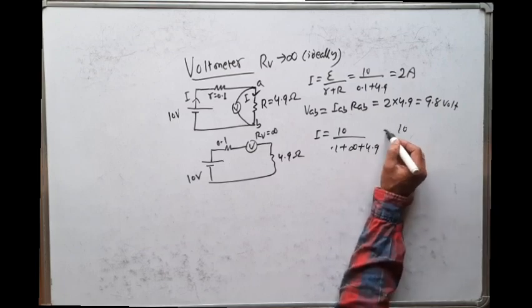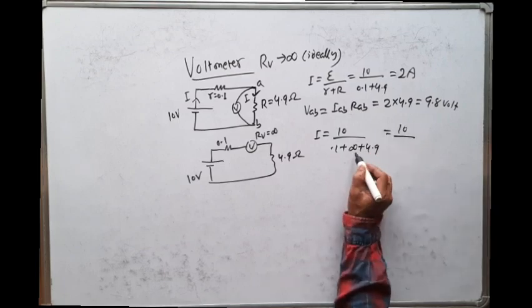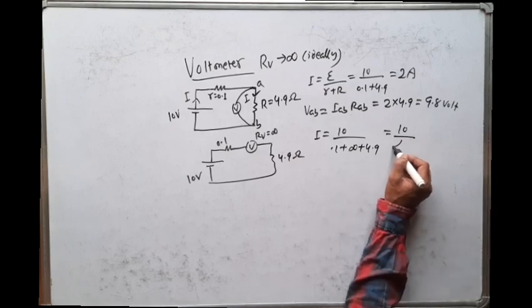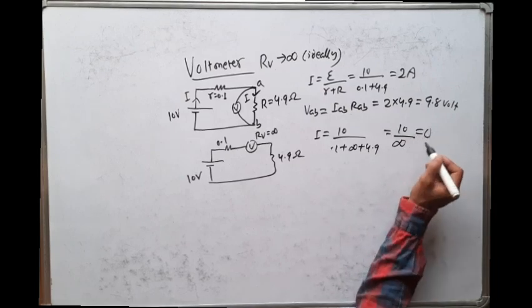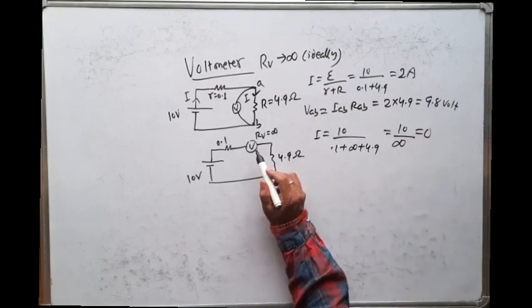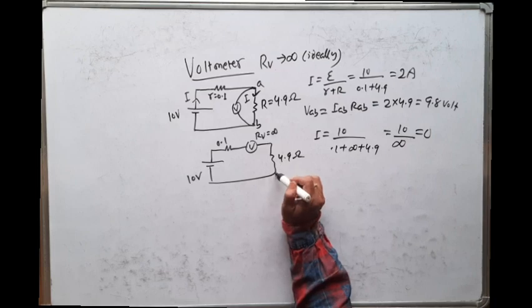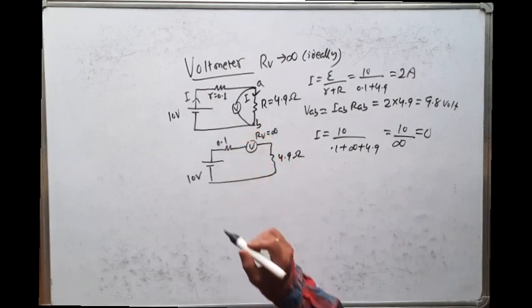So that means 10 by, if you add infinite to anything else, you will get infinite. So the current will be 0. So you are trying to measure the voltage across this, but here the load will be affected because the current through it will be 0. So that's why a voltmeter is always connected in parallel.